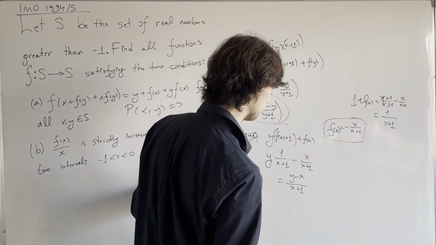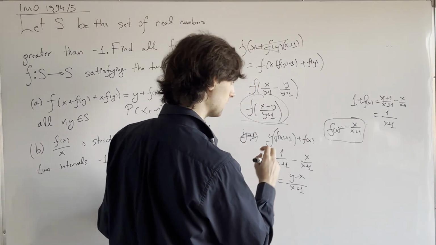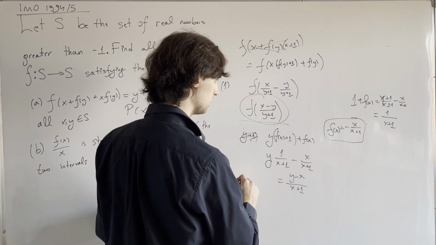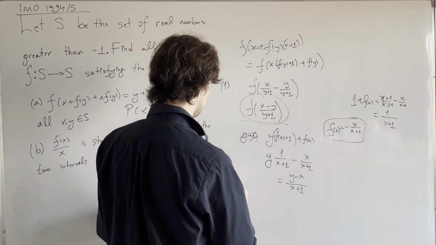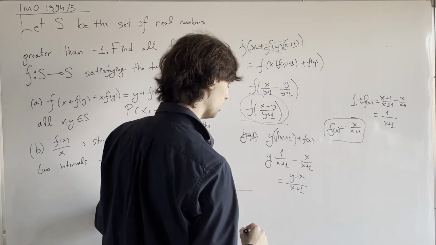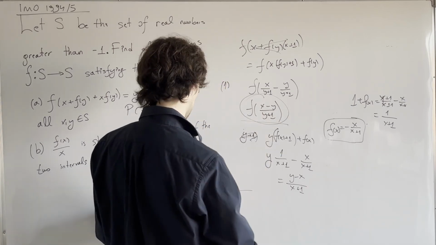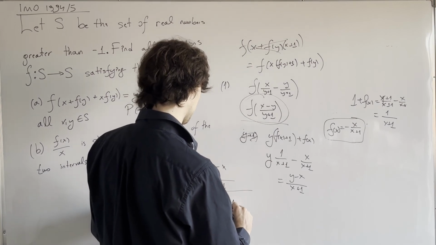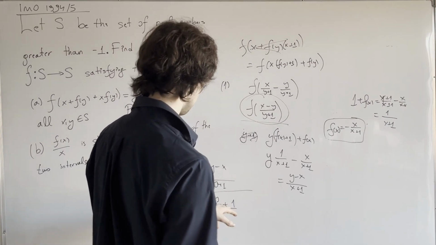And what do we have when we apply f? We'll get negative, so let me do the negative instead of y minus x over y plus 1 over this plus 1 over x minus y over y plus 1 plus 1.